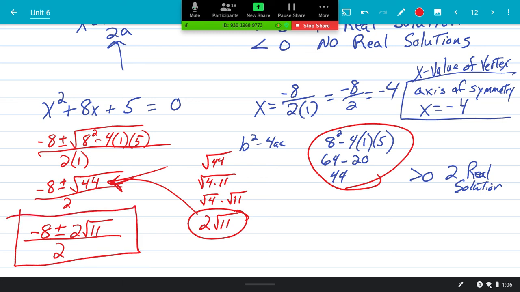That is the most exact answer. I know that you can't read it and you don't know what that actually means, but that's the most exact answer for what the solutions are to this. Now, we could use our calculator, but I don't want to go there. I literally want you to leave it like this.